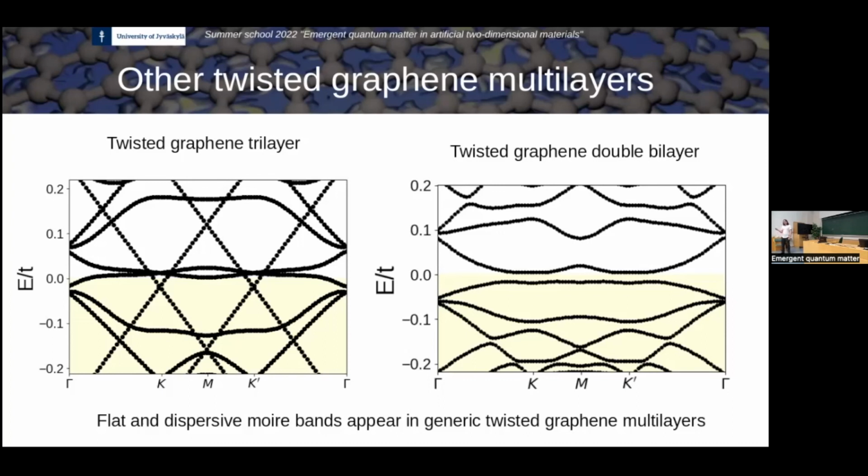So by going to other twisted graphene multilayers, even though you may think that having flat bands is very similar in terms of physics, you can actually find correlated states and superconducting states that you may not be able to find in the smallest multilayers. I think this case of spin triplet superconductivity is one really beautiful example of this, because spin triplet superconductors are insanely hard to find in nature, and it is really inspiring that with just a twisted graphene trilayer, you get this really exotic superconducting state.